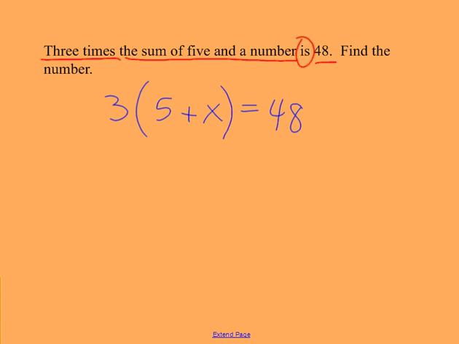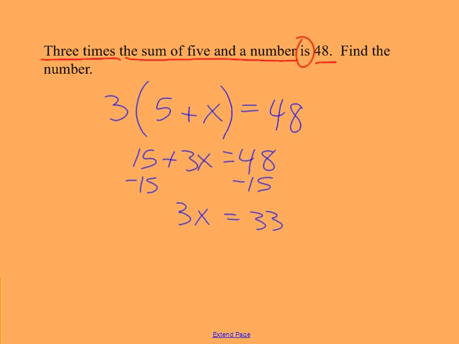3 times the quantity, 5 plus x equals 48. Now we solve for x. So we start by distributing. Then we can subtract 15 from both sides. Subtract 15, and we get 3x equals 33.